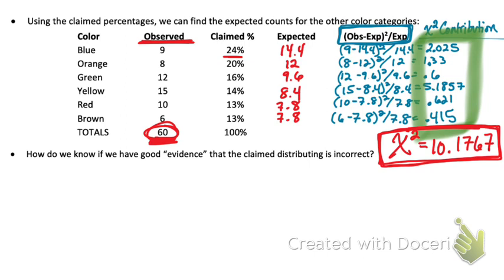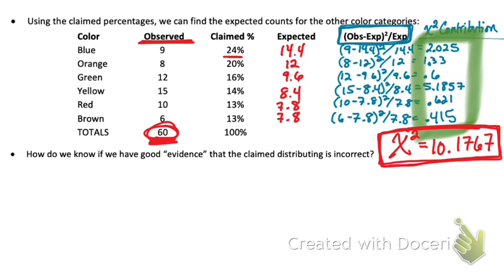Let me ask you this. What would our chi-squared contribution be if the observed equaled the expected? It would be 0. Because when we would do the observed minus expected, we would get 0. 0 squared is 0 divided by whatever is still 0. So if you get a chi-squared contribution of 0, it's because your observed and your expected was exactly the same number. Okay?